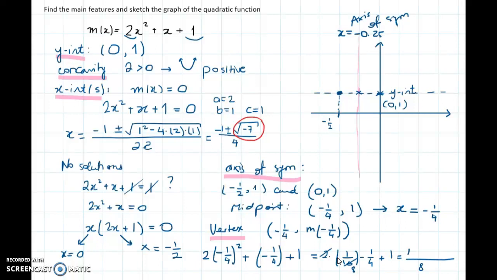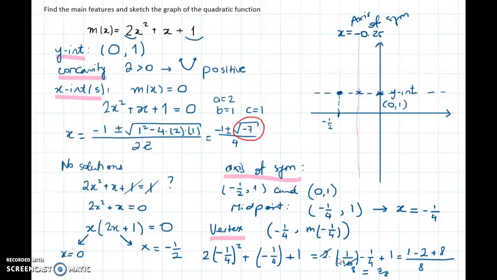I have 1 for the first term. The second term had denominator 4, so I need to multiply by 2 the denominator and the numerator as well, so minus 2. And then instead of writing 1, we can write 8/8, so that's going to be plus 8/8. So this gives me 7/8.